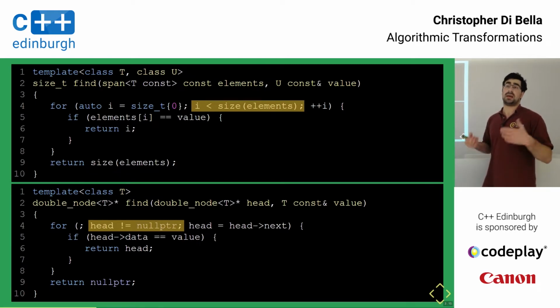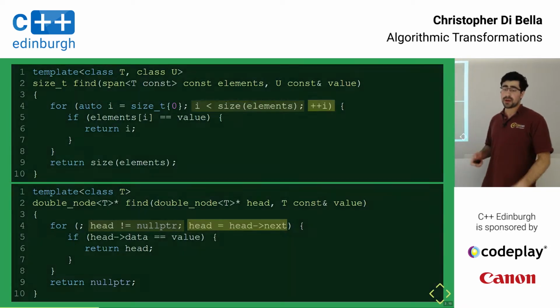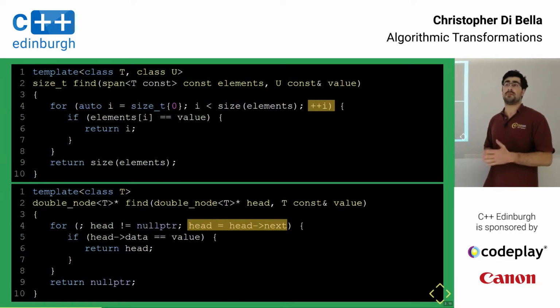The stopping point is really irrelevant; it's mostly to say this is where we have no more elements left to look through. And then we're going to find the successor of said element, and we're going to use that in the next iteration.